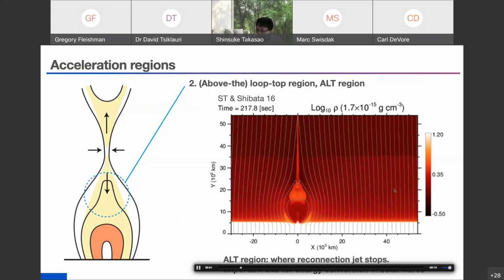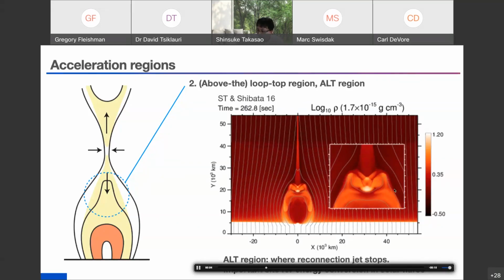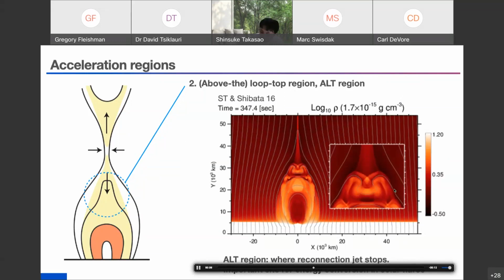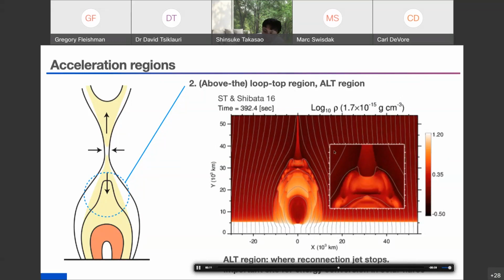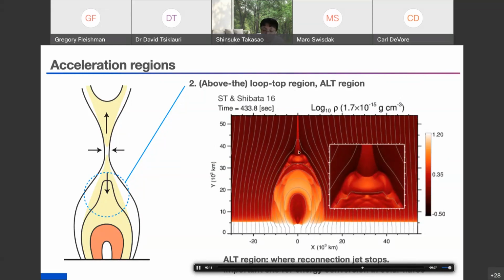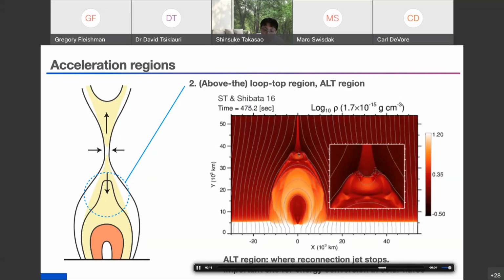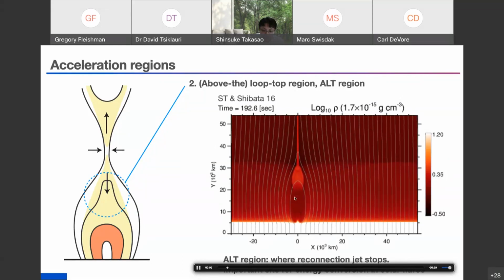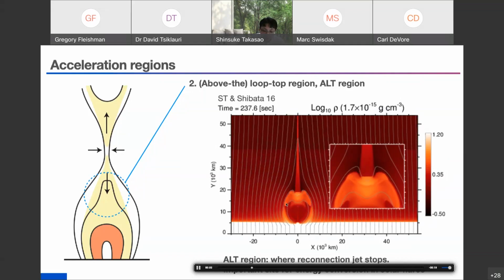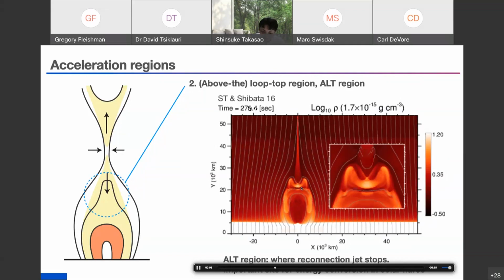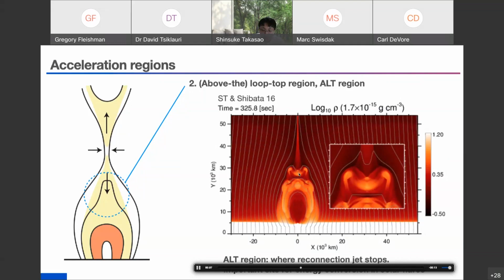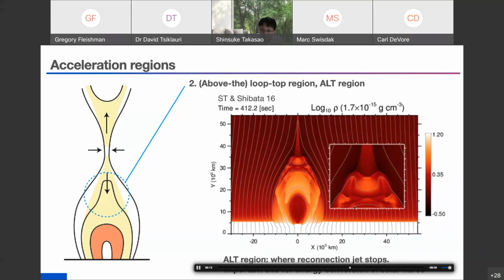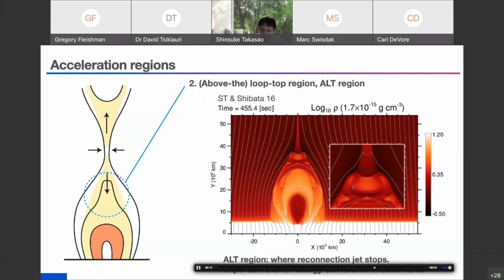So I start the movie. I'm showing this movie to indicate how the reconnection jet collides with the flare loops and stops. This narrow structure is a reconnection jet, and it collides with the reconnected field and forms many shocks in this small region.